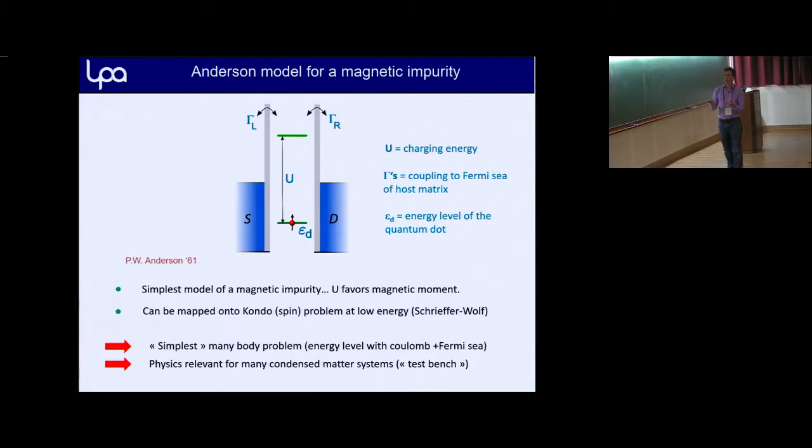This way of modeling the physics is the Anderson model for a magnetic impurity. Although it is maybe the simplest model I can think of for a magnetic impurity, and it can be mapped onto a Kondo problem, it's actually a many-body problem, so it cannot be solved in all the parameter space. It's essentially the simplest many-body problem one can think of, and its physics is relevant for many condensed matter systems, so it serves as a test bench for more complex theories.